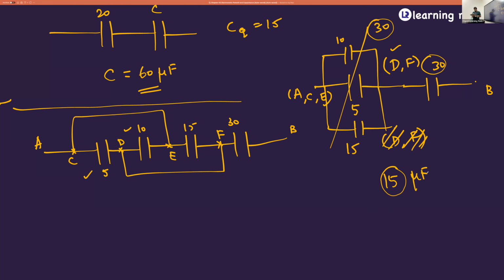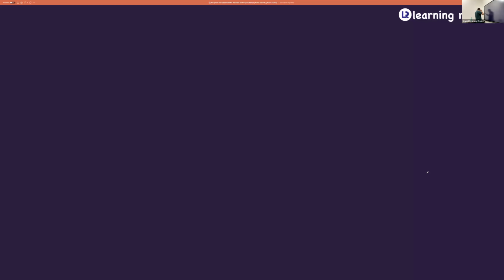So the next set of problems that you will have is something like this. So if you go to page 79, there is a question like this in page 79. Figure shows two identical capacitors C1 and C2, each of 2 microfarad capacitance connected to a battery of 5 volt.